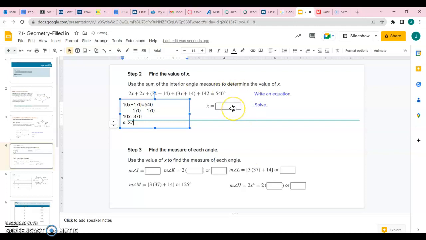So x equals 37. Then I can plug in to find each of the parts. Use the value of x to find the measure of each angle. J equals 142. And that's where we go back to our image, so we could plug in each of those.